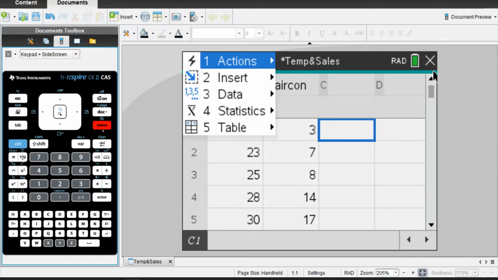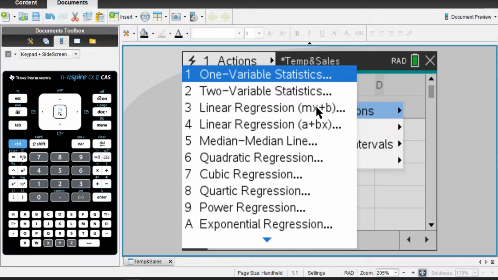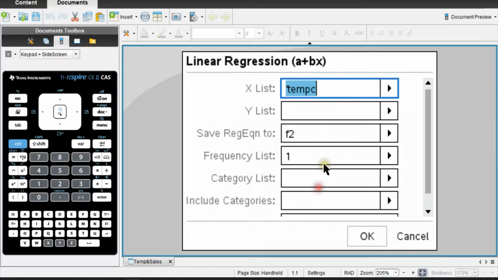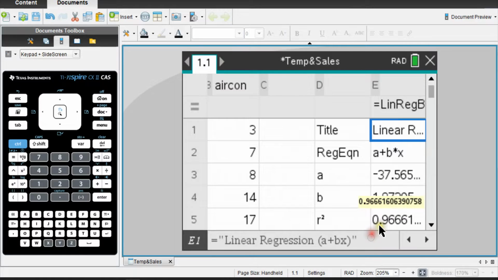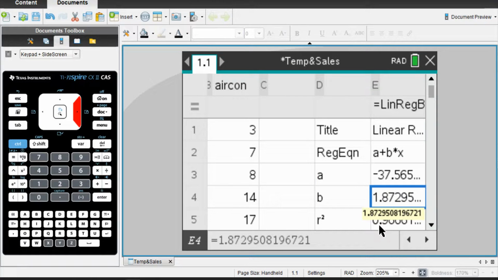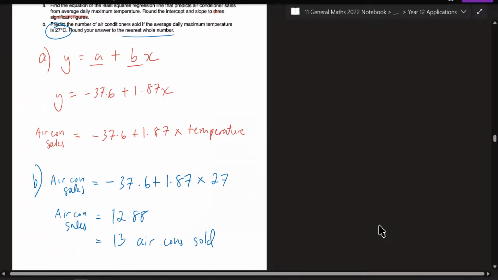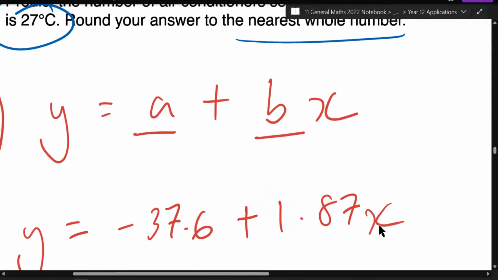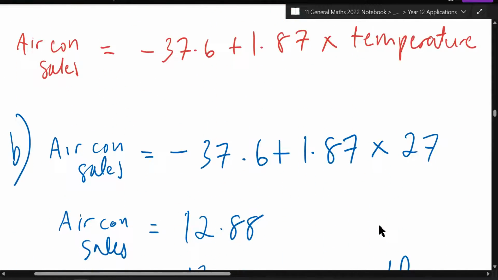Menu, number 4, number 1, number 4 again. Put your EV here. So we did temp and your RV was aircon. And remember A is your y-intercept, and then B is your slope or your gradient. And your formula has to look like in this form, or in this form. All right, cool. And then you'll be making predictions.